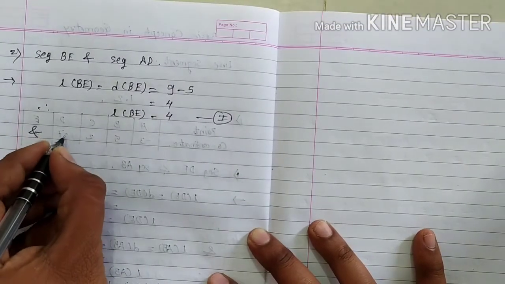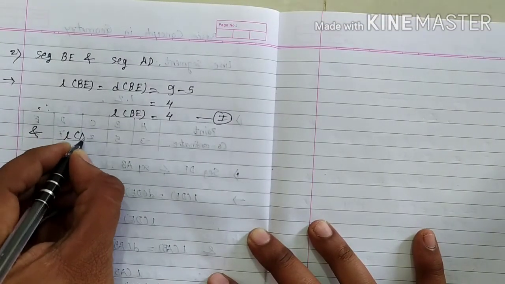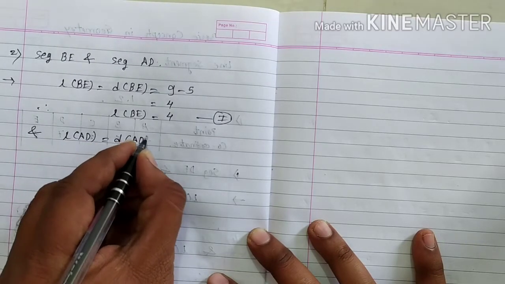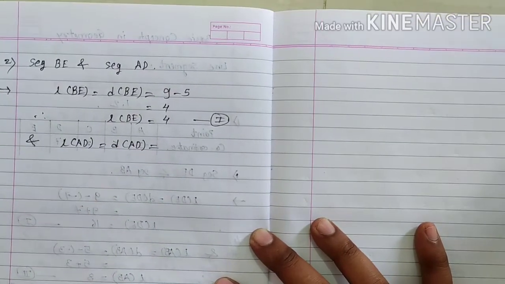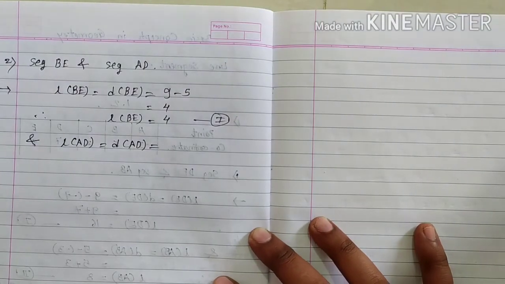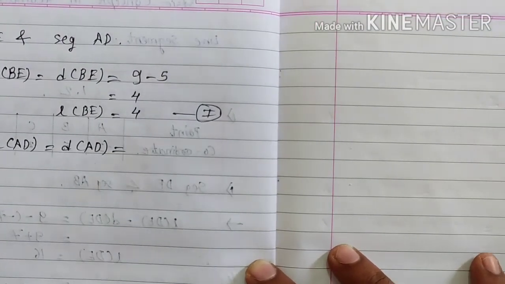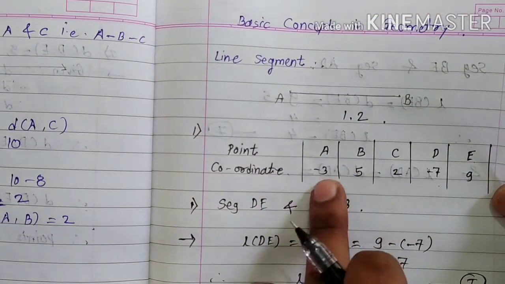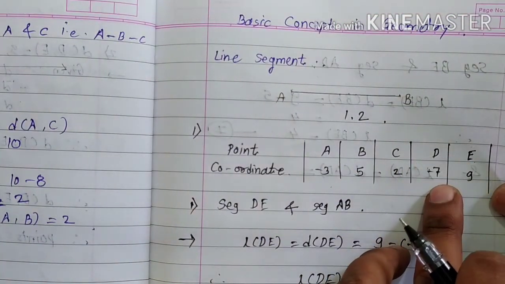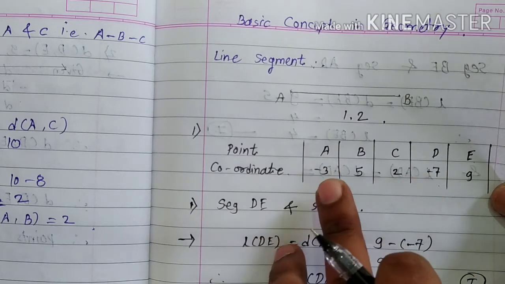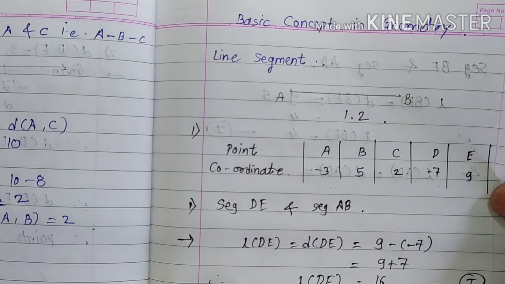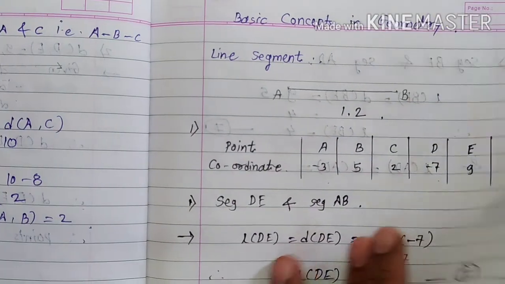And length of AD, that means distance AD. A has coordinate -3 and D has coordinate -7. We have to subtract the smaller from the bigger one. Of -3 and -7, -3 is greater than -7.